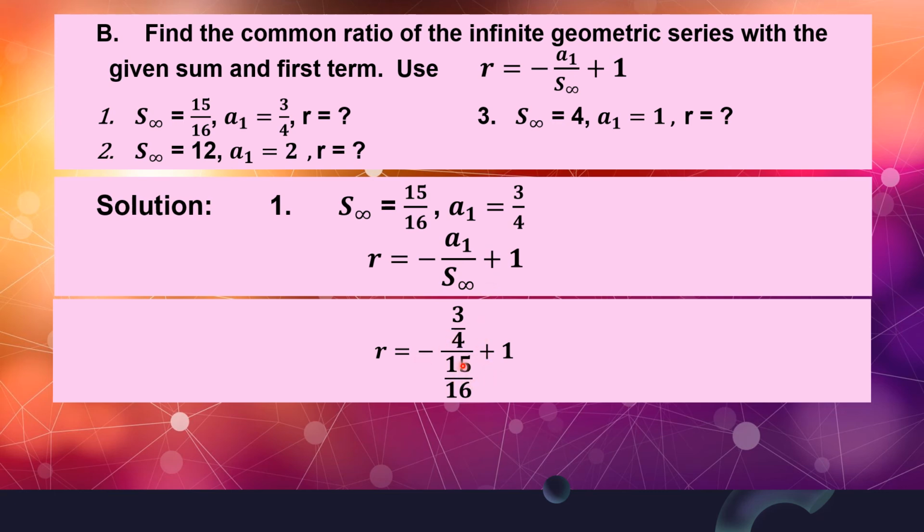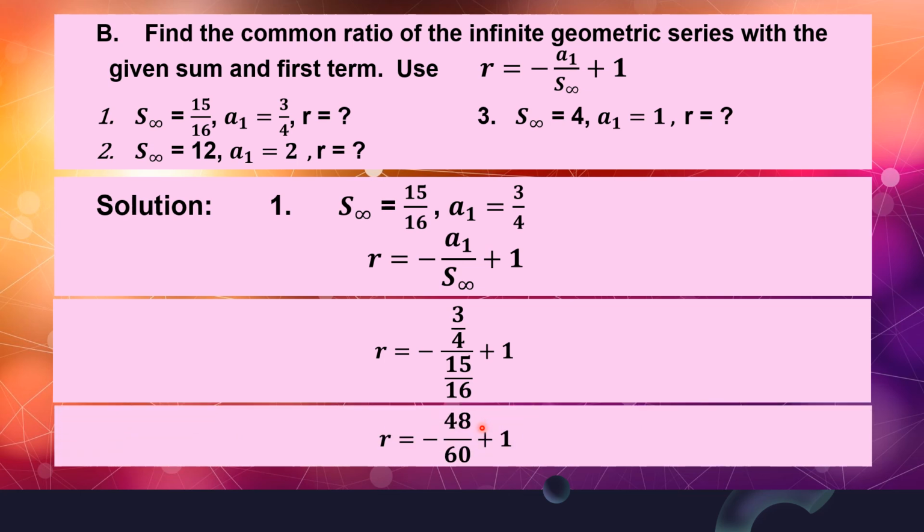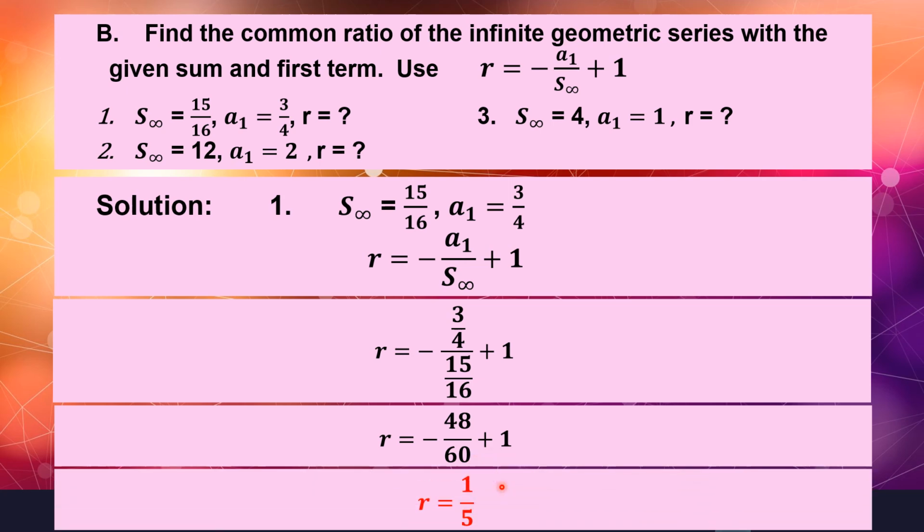Simplifying this, we have negative 3/4 divided by 15/16, which equals negative 48 over 60, plus 1. And negative 48 over 60 plus 1 is equal to 1/5. Thus, the common ratio given these two is 1/5.